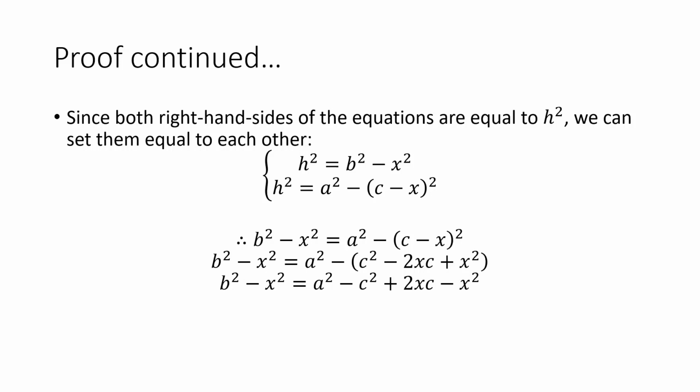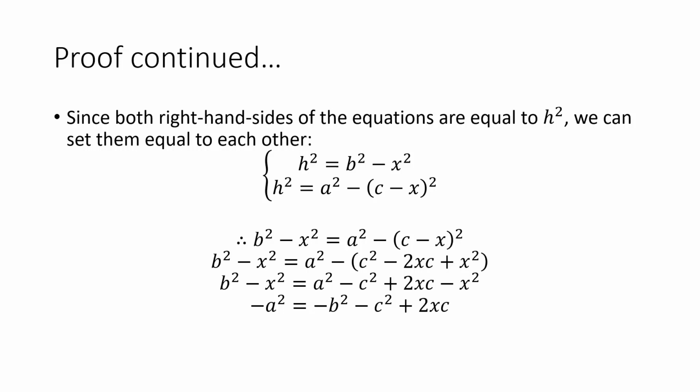Now, we can get rid of the negative x squareds, and we can subtract the a squared to the left-hand side and the b squared to the right-hand side. So we have negative a squared is equal to negative b squared minus c squared plus 2x times c, right? So we moved a squared and b squared to the other sides.